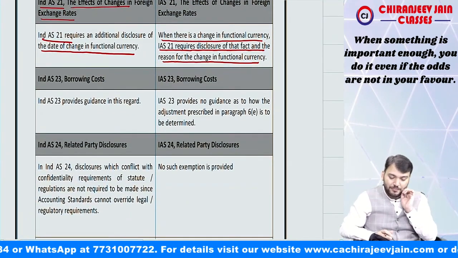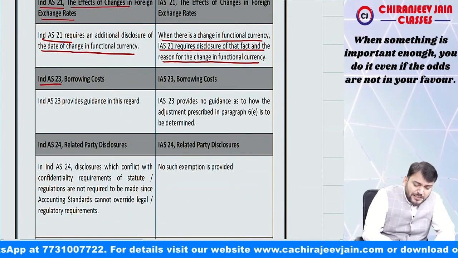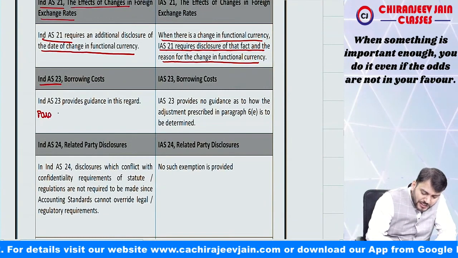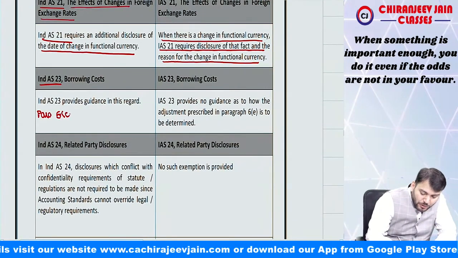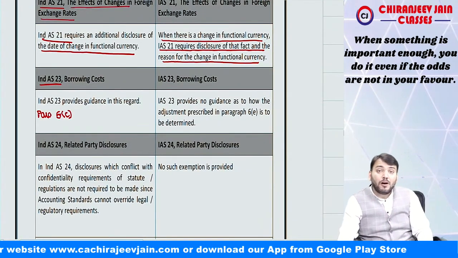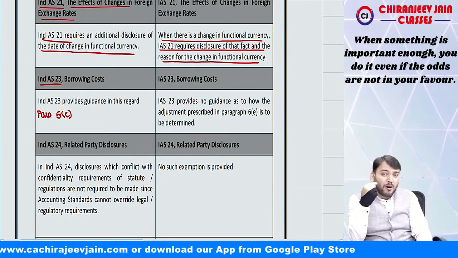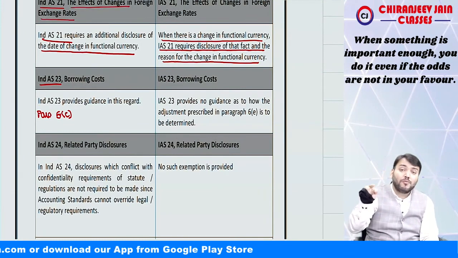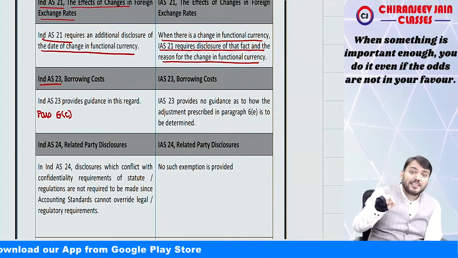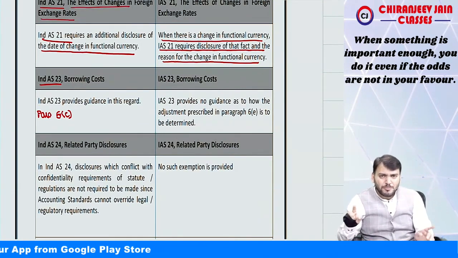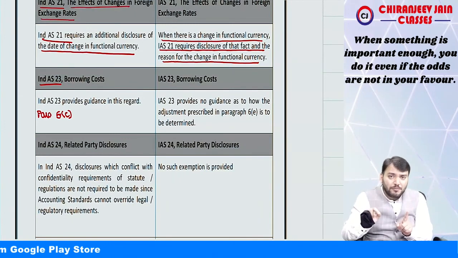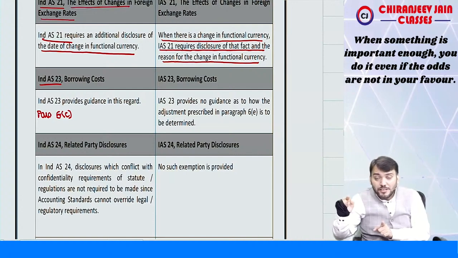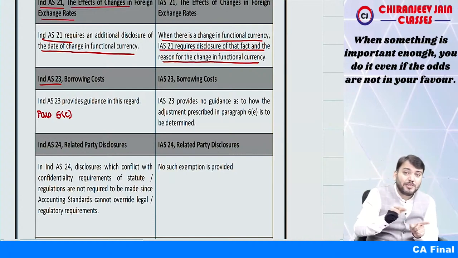Correct. Ind AS 23, if you remember para 6(e), do you remember para 6(e)? This is for borrowing costs: exchange differences arising from foreign currency borrowings regarded as an adjustment to interest cost. You remember that? Borrowing cost will include exchange differences arising from foreign currency borrowings to the extent regarded as an adjustment to interest cost.